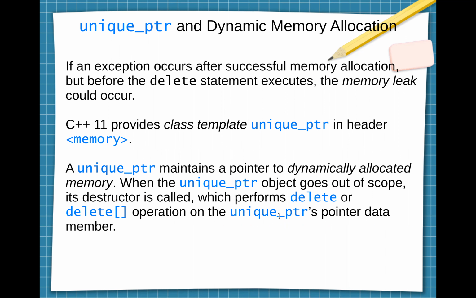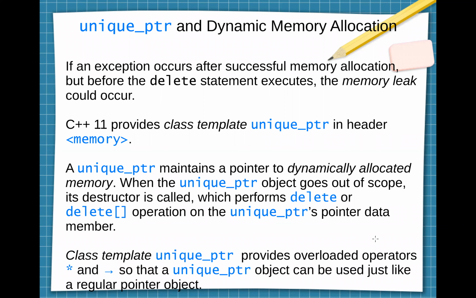So I don't need to do a delete statement. Delete, if you remember, is for when we allocate one space for one item, and delete with square brackets is for the built-in array, right? So they will be called automatically when the unique_ptr goes out of scope. Excellent, right? I don't need to bother with making sure that the memory was deallocated.